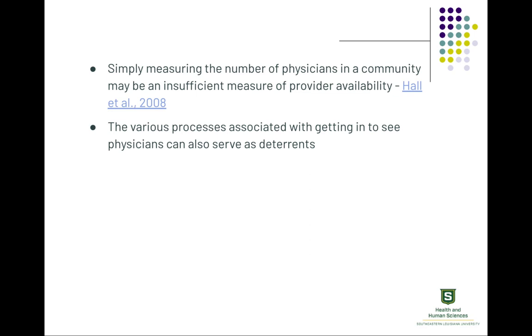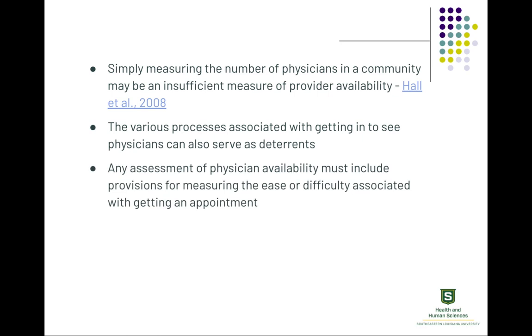What are the barriers that make it difficult for a population to use those healthcare resources? I'm just using physician availability in this example, but it could be something else. It could even be preventive care. For this point, just take it to mean healthcare resources.